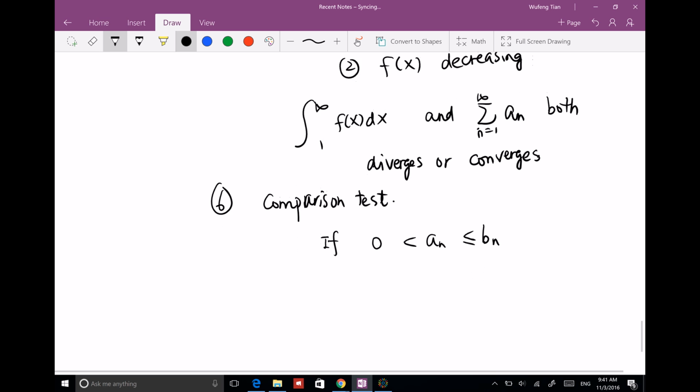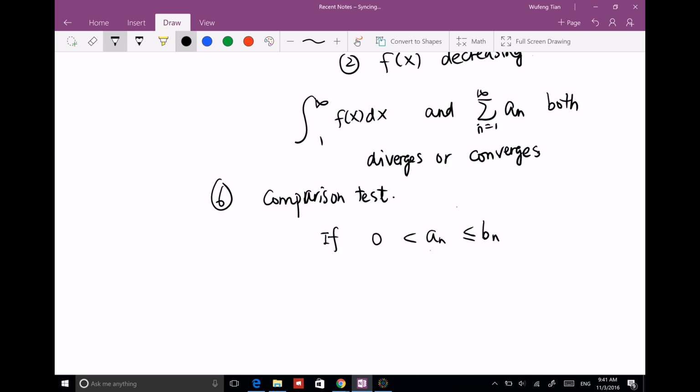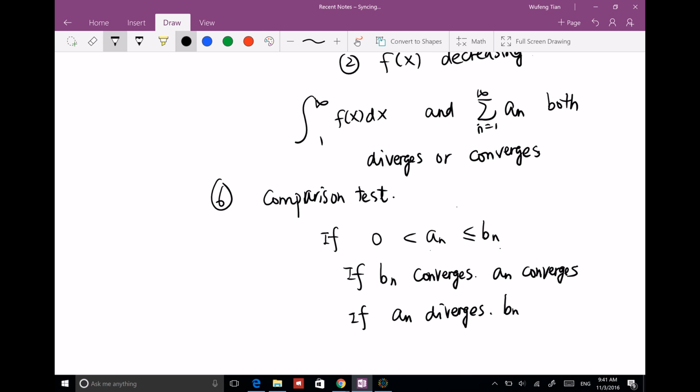I put it here: 0 less than a_n less than or equal to b_n. So if b_n converges, then a_n converges. Very good. Then if a_n diverges, b_n diverges. Very good.